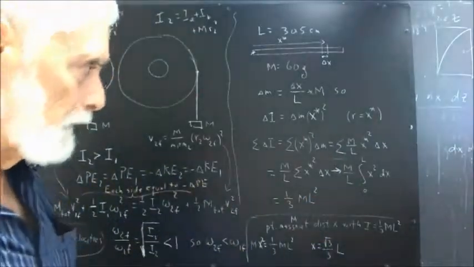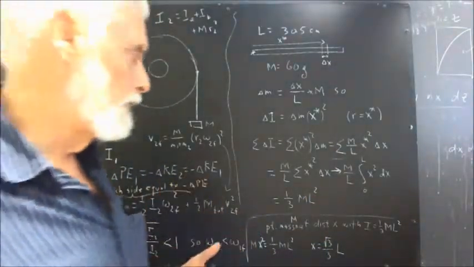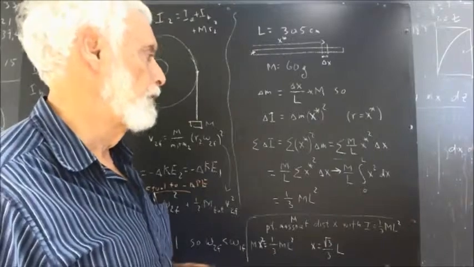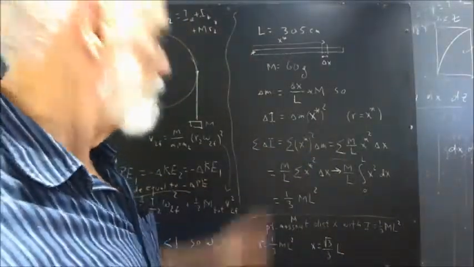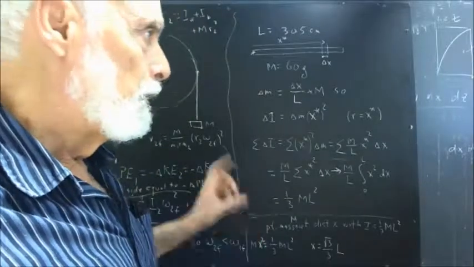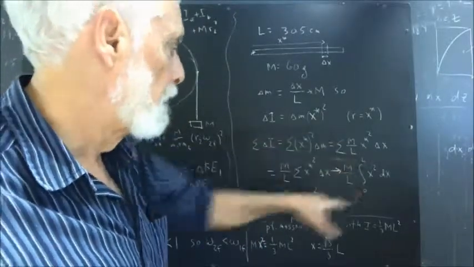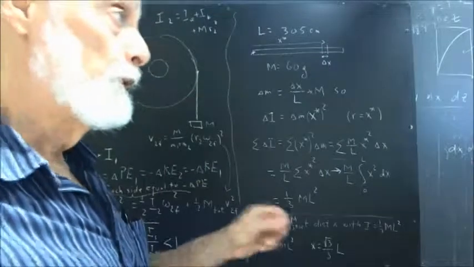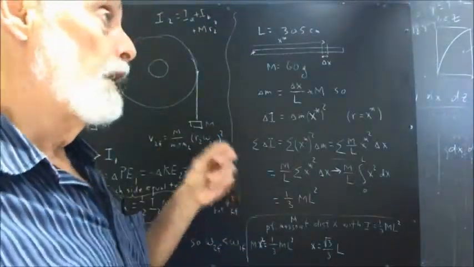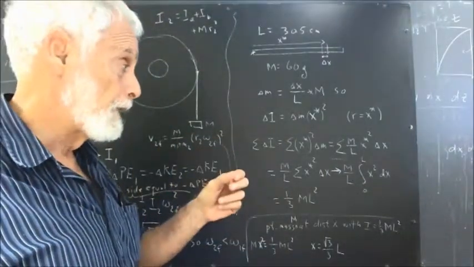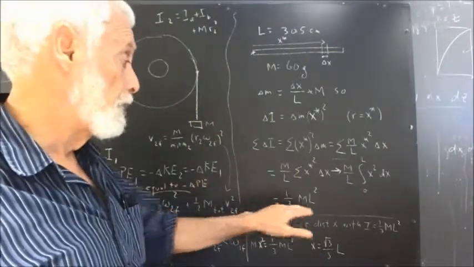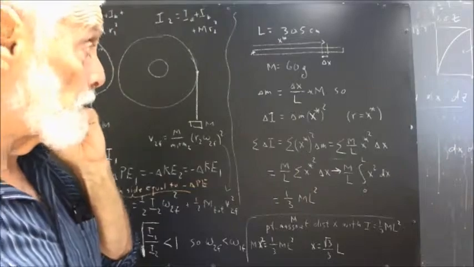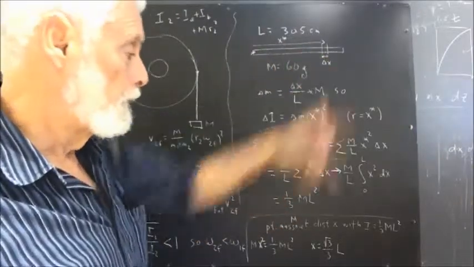In physics, we kind of do that, but I've got feet in both worlds, and actually probably more in the mathematical world, so it makes me a little uncomfortable to do that. But this gives you the idea. You've been through a calculus course, so I expect you know how to fill in those details. Be sure that you do, because if you can't do that when you really need it to verify something, you can get yourself in trouble. Anyhow, we got 1/3 m L squared for the moment of inertia of this rod.